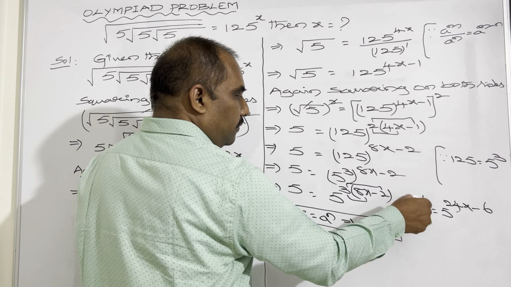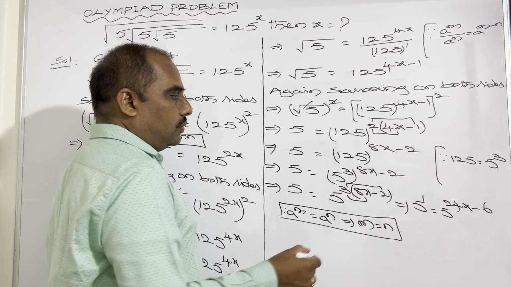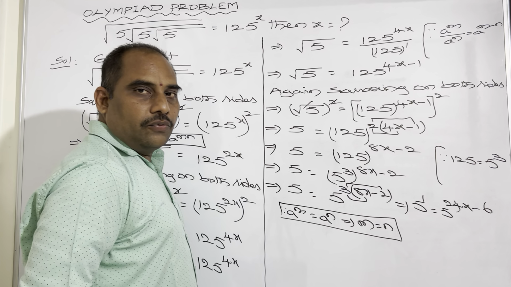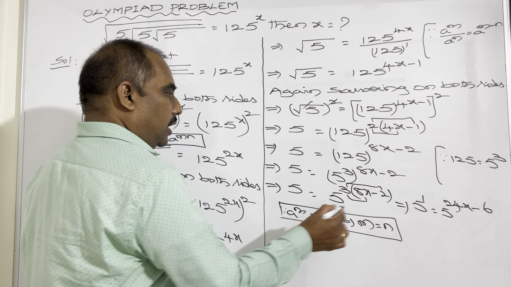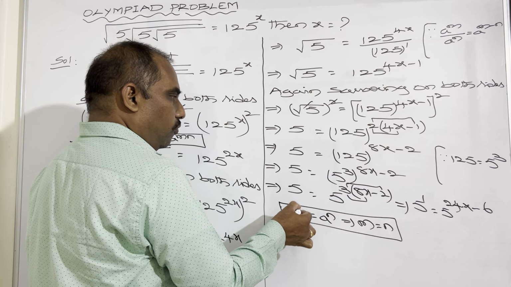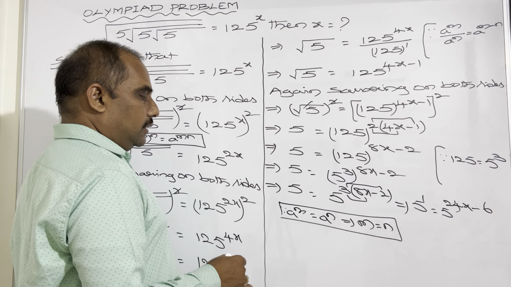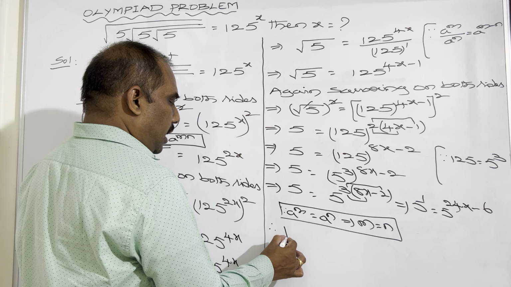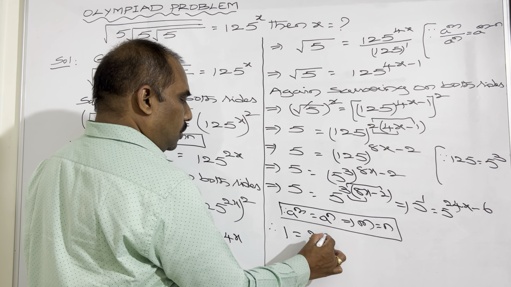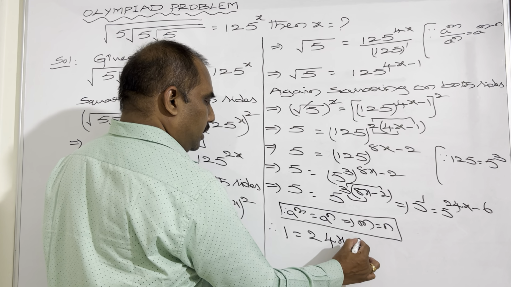Same here, 5 to the power of 1 is equal to 5 to the power of 24x minus 6. So here m is 1, n is 24x minus 6. That's why it can be written as 1 is equal to 24x minus 6.